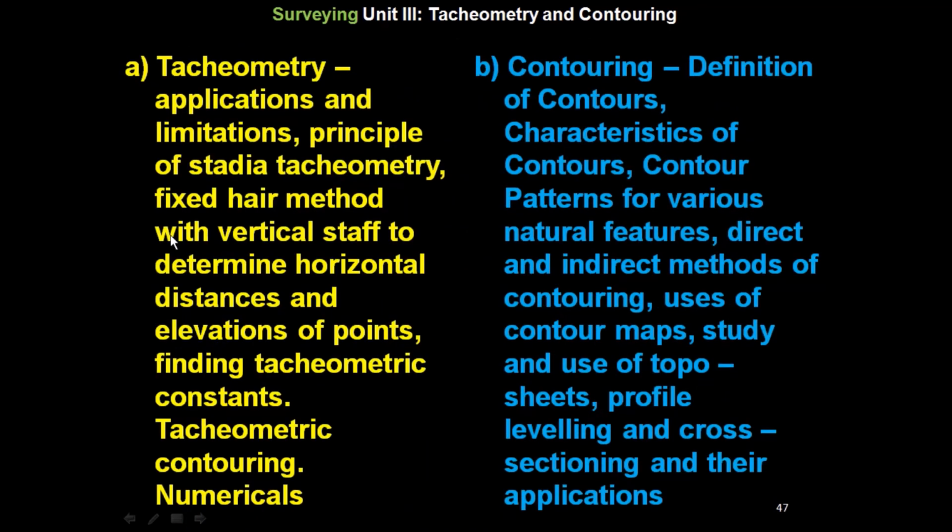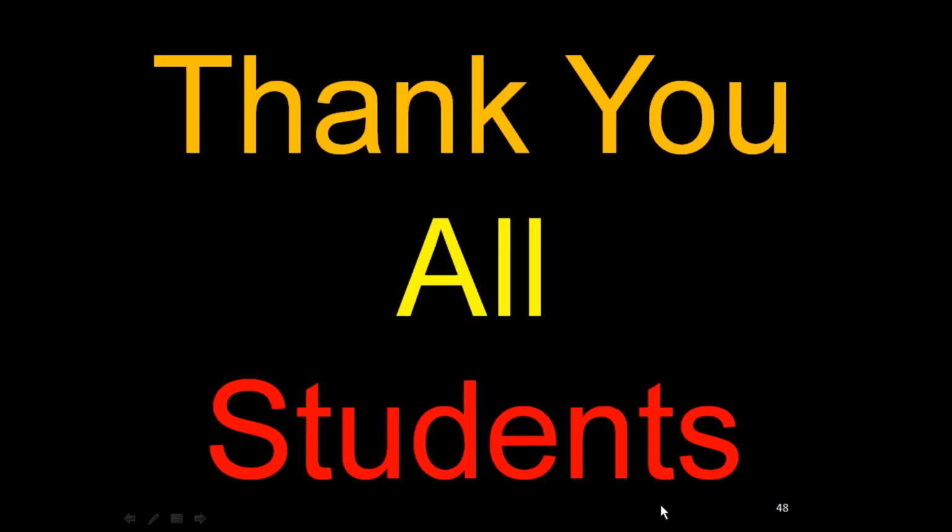So this is the syllabus of Unit 3, tachometry and contouring, which includes part A, tachometry, which includes application and limitations, principle of stadia tachometry, fixed hair method with vertical staff to determine the horizontal distances and elevations of points, finding tachometric constant, tachometric contouring and numericals. Part B, contouring, includes definition of contours, characteristics of contours, contour patterns for various natural features, direct and indirect methods of contouring, uses of contour maps, study and use of topo sheets, profile leveling and cross sectioning and their applications. Thank you all students.